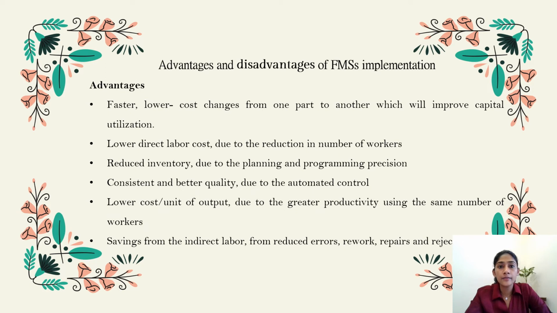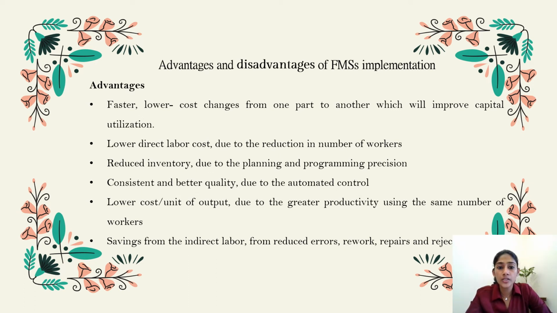And we move on to the advantages and disadvantages of FMS. It is faster, less expensive, and adjusts from one part to another. It gives increased capacity efficiency, lower direct labor cost due to reductions in the number of workers, and it reduces inventory as a result of careful planning and programming.